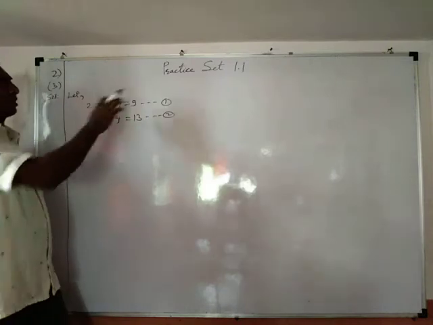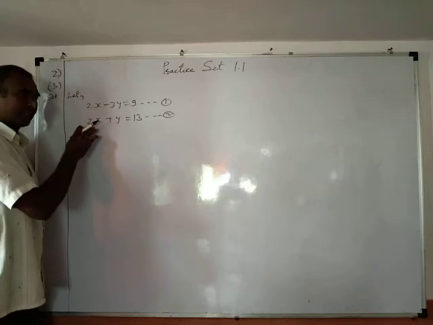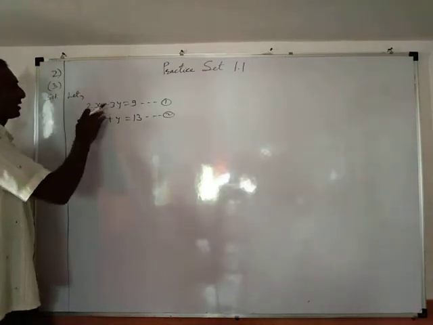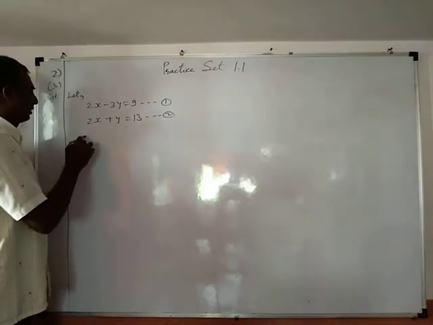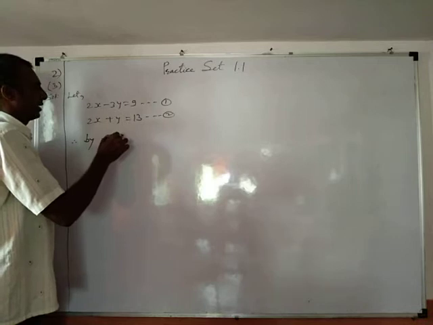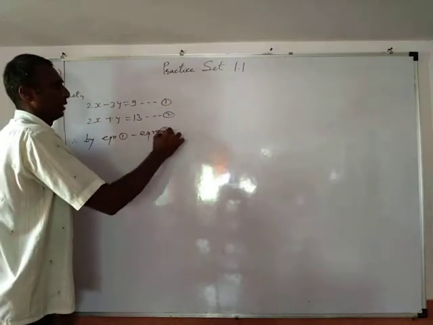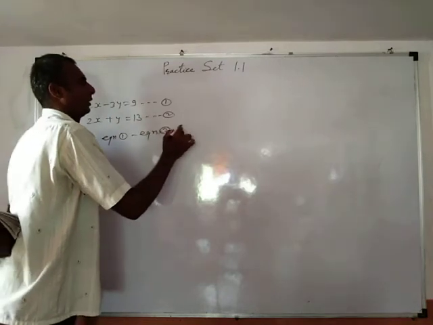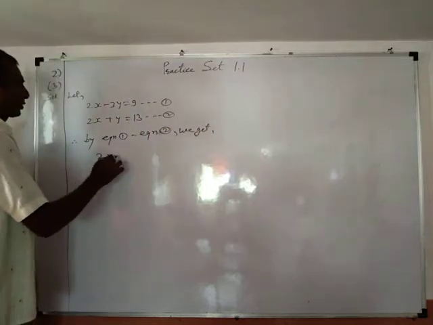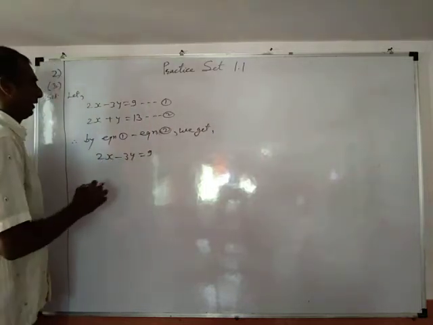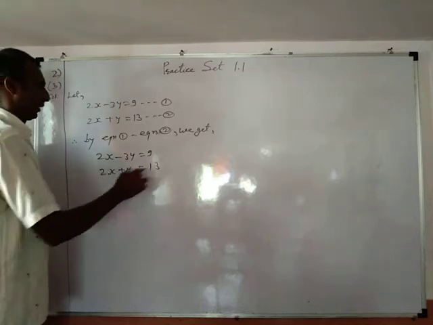Now here the first term of equation first is 2x and the first term of equation second is again 2x, means these are the terms with the same variable and same coefficients, and that's why we do equation 1 minus equation 2. Let us see what we get. Equation first is 2x minus 3y equal to 9, and equation second is 2x plus y equal to 13.